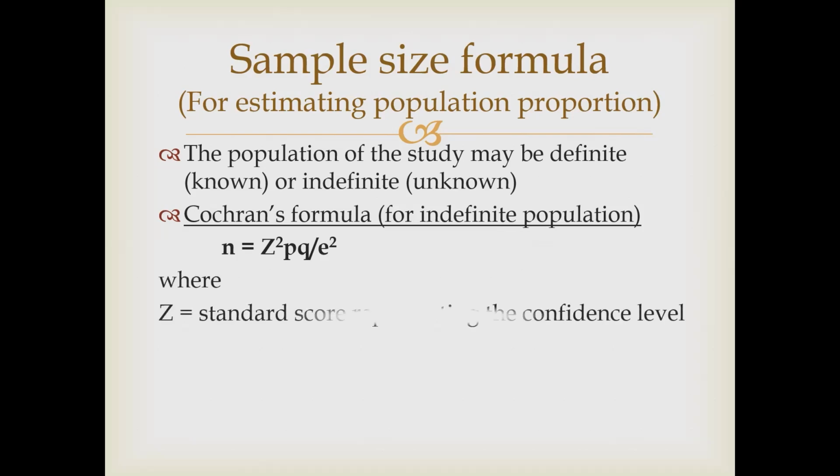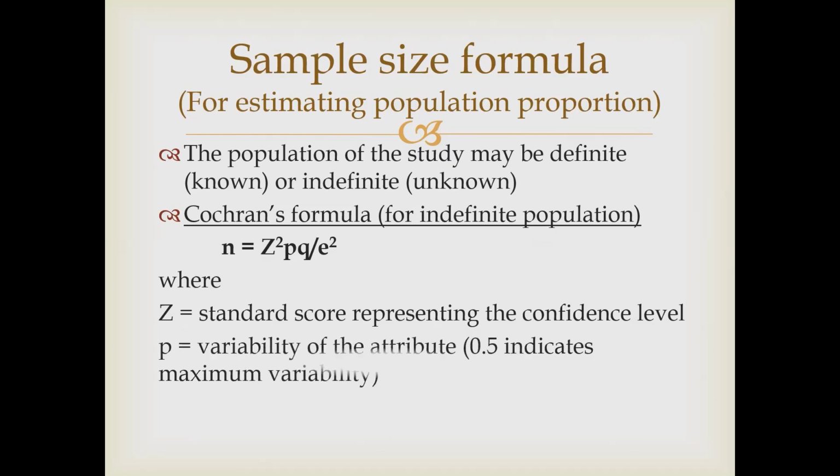Z means the standard score representing the confidence level. We said three factors are there. Confidence level. Is it 95% confidence? Is it 90% confidence? Is it 99% confidence? So there is a standard score for that. I'll show you in the next slide what is the standard score for representing the confidence level. That is Z. So Z square. P, the variability, the third factor. The variation in the attribute that we are going to measure.